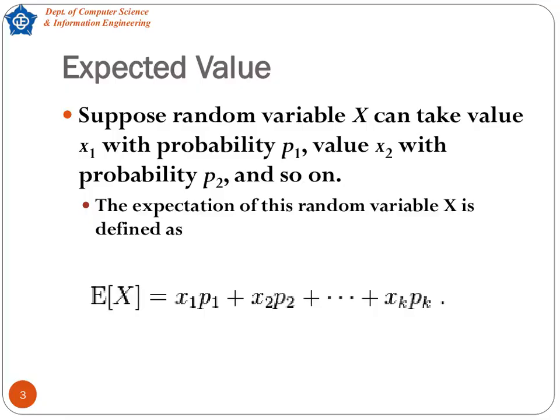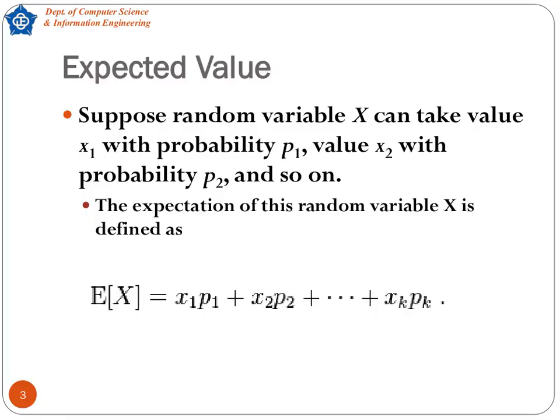All right, let's shift our focus now to a fundamental concept, the expected value. To understand it, imagine a random variable, x. This variable can take on various outcomes. For example, it might take a value x sub 1 with probability p sub 1, a value x sub 2 with probability p sub 2, and so on.